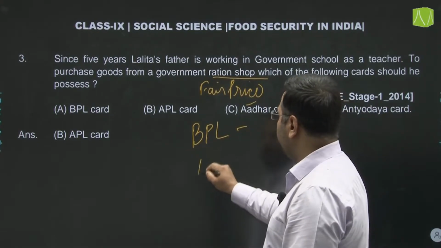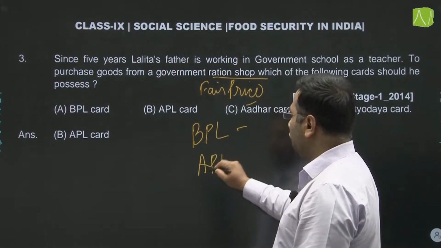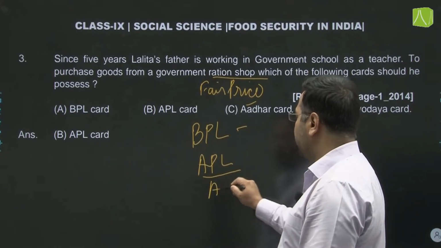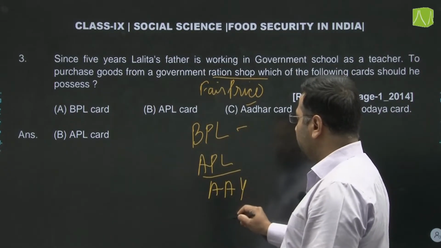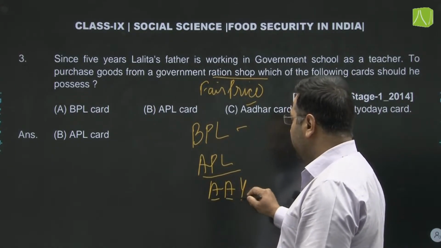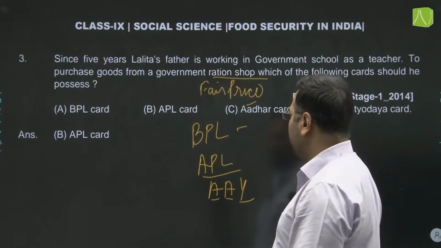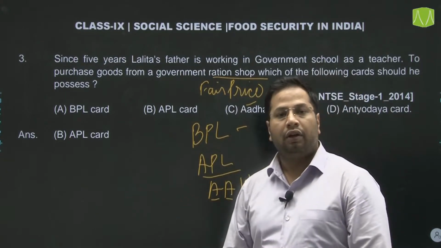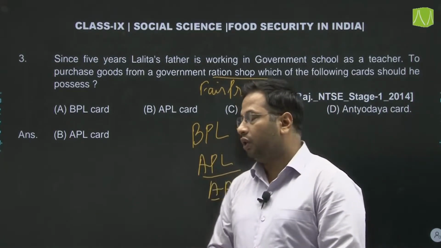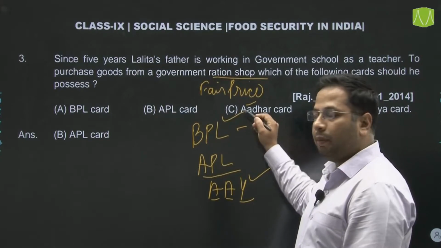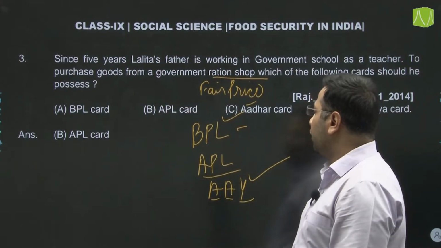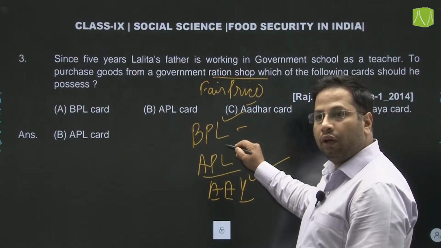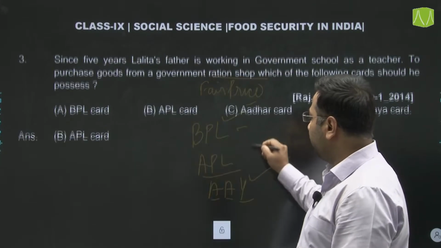Then the next one is APL, that is above poverty line, and the next one is AAY, that is Antyodaya Anna Yojana. Those people who are very much poor lie in this category, AAY, Antyodaya Anna Yojana. Those who are poor, BPL, below poverty line. Those who are well to do possess this ration card, that is APL.